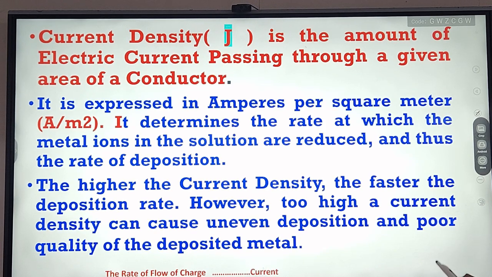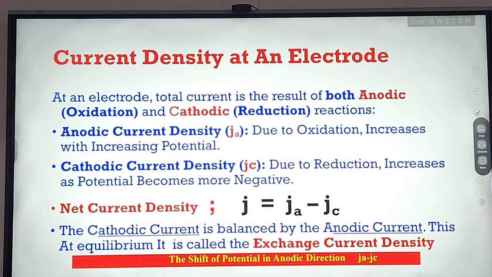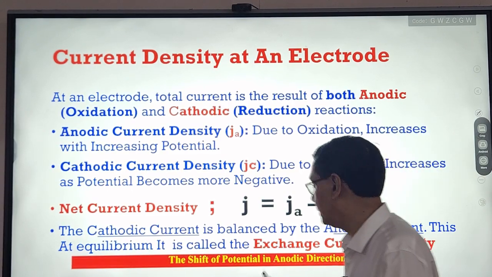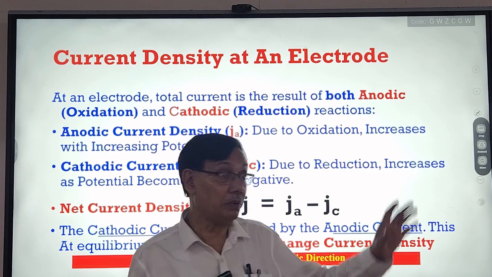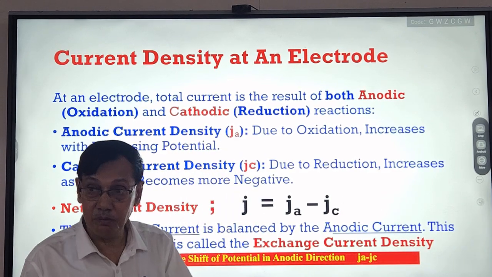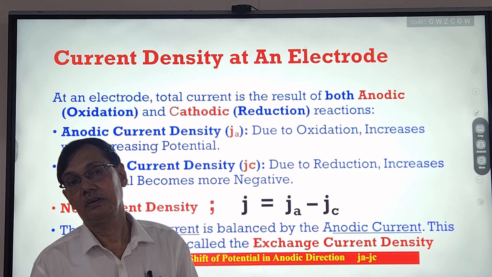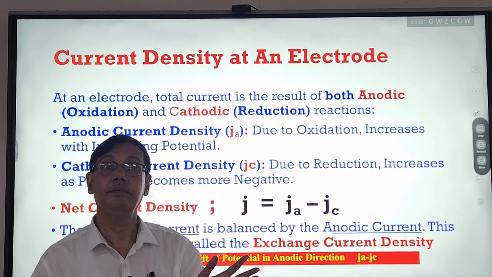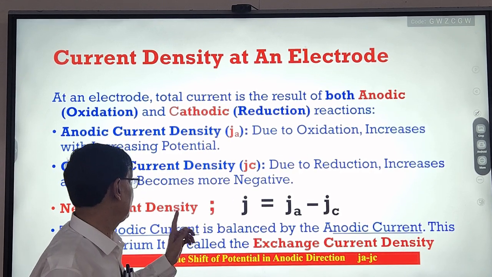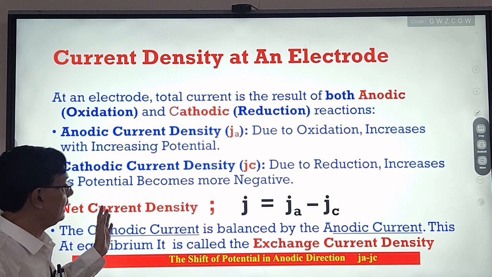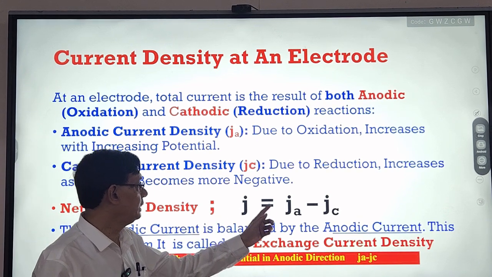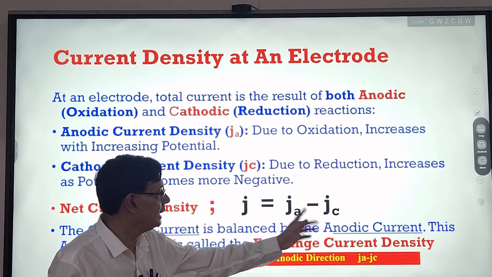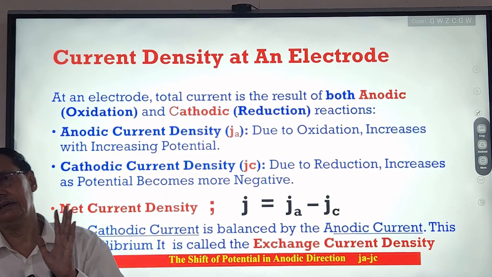Now how do I calculate the exchange current density? Please check very carefully that in this particular derivation, in the second part, there should be no confusion. I am deliberately using the net current density J equal to JA minus JC, small j.